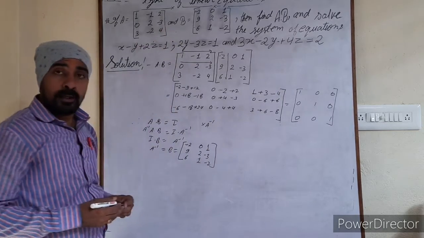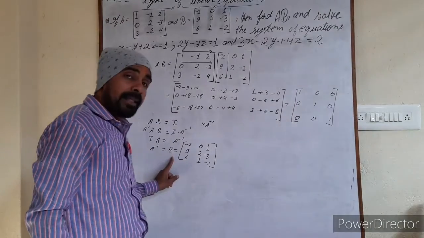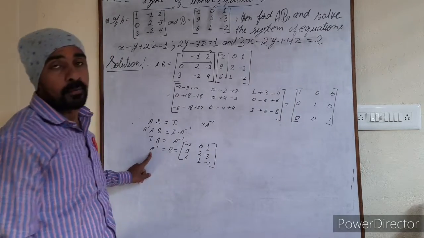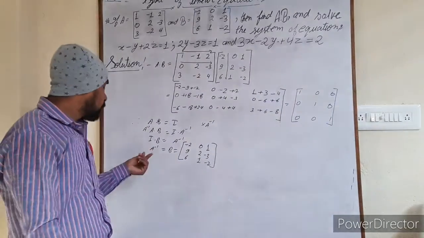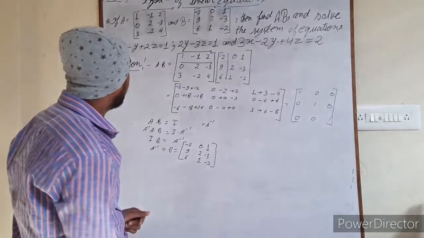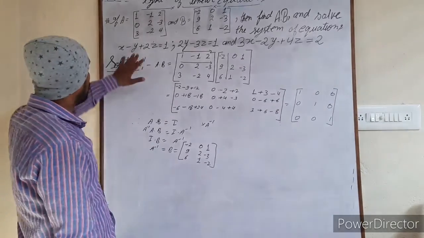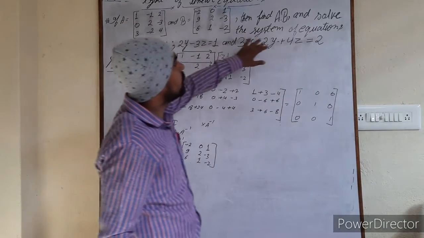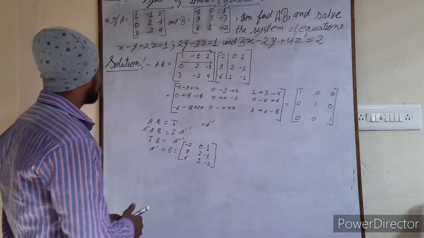It means the value which was related to B matrix is now A inverse. It means whenever we have to use the value of A inverse, directly the value of B will be put here. Now here is a term to find out the value of this as well as this also.